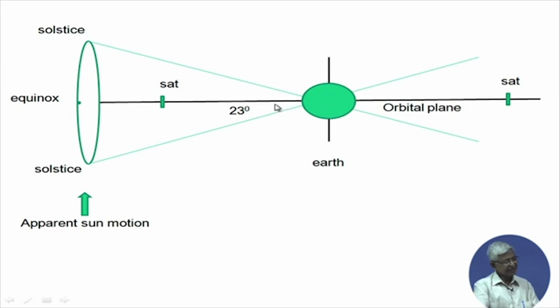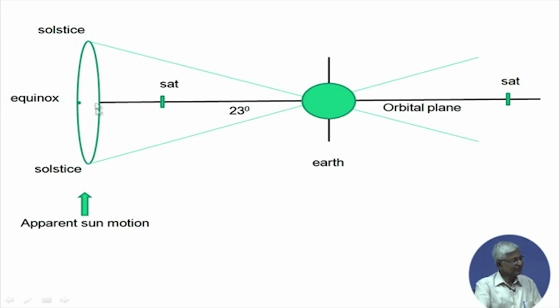So, we have seen that it makes a 23 degree angle with the earth's orbiting plane around the sun. If we draw it differently, you can see that as if the sun is apparently moving north and south over the year.